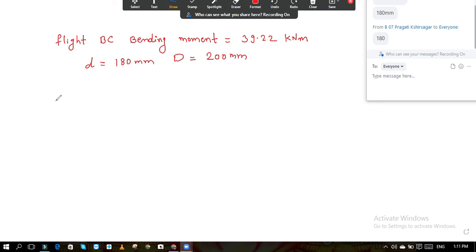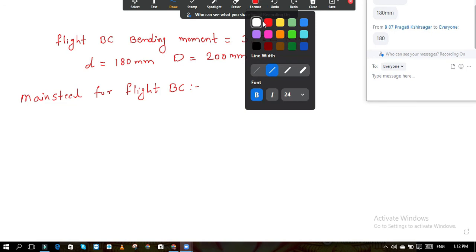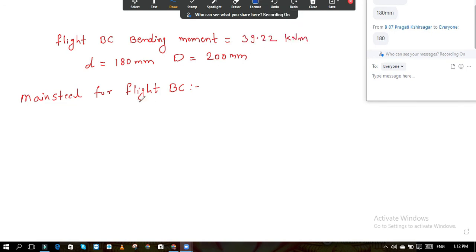So now we have taken the check for depth also. Now the main steel, the Ast calculation, steel design. Now for flight BC we are going to calculate the steel which is required.